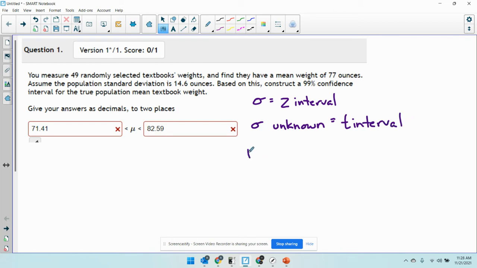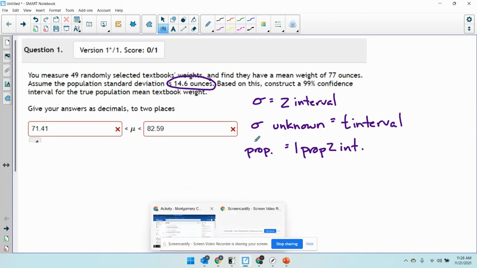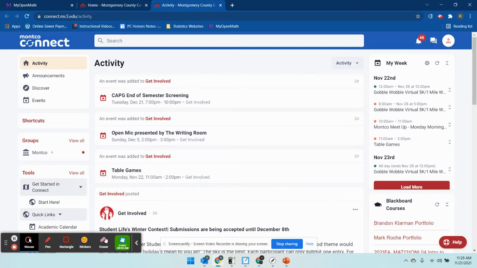And if we're talking about a proportion, we're going to use a one prop z interval. So here we have sigma. That's 14.6. So we're going to use a z interval.